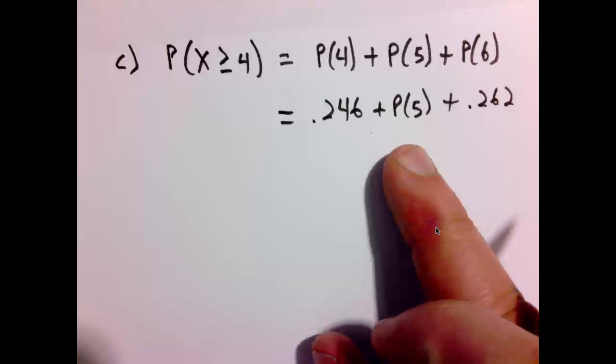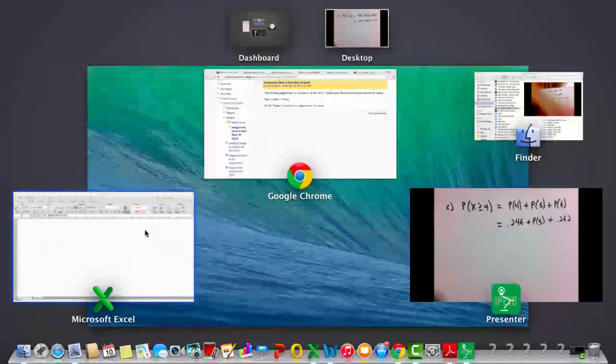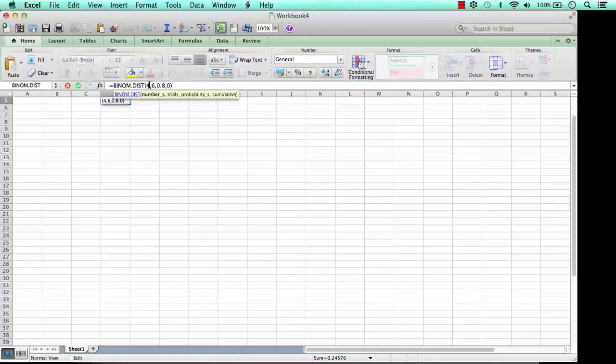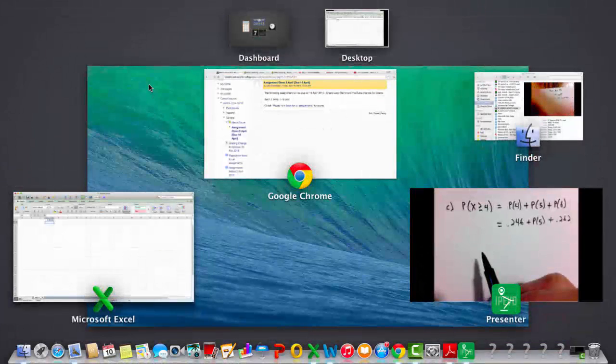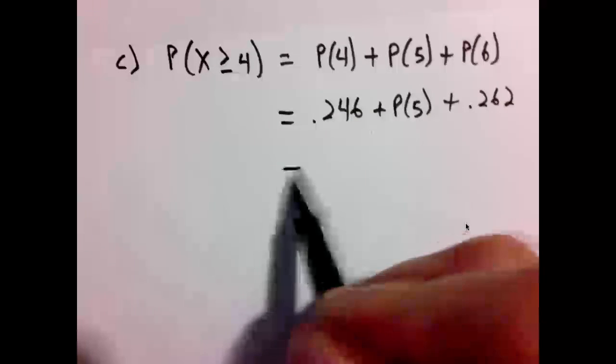Well, going back to our Excel spreadsheet, we're going to do our binomial distribution. This time we're going to seek specifically 5. Alright, and 5 exactly we see is 0.393. Okay, so the probability that we have 5 is 0.393.